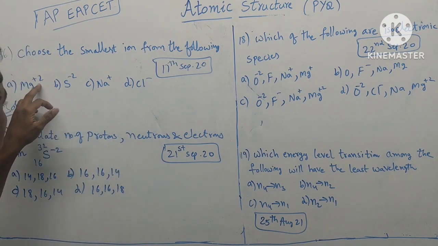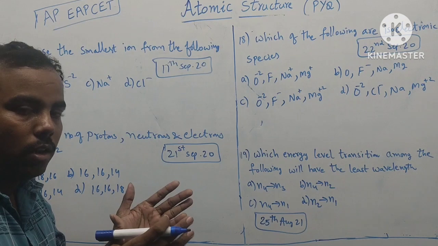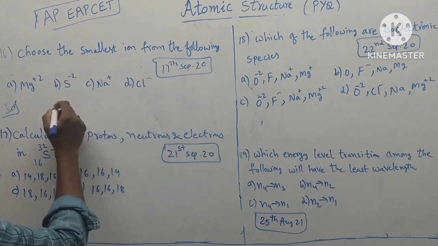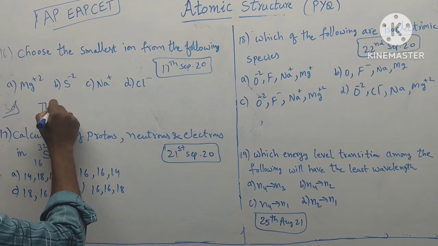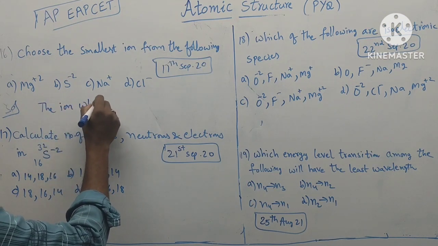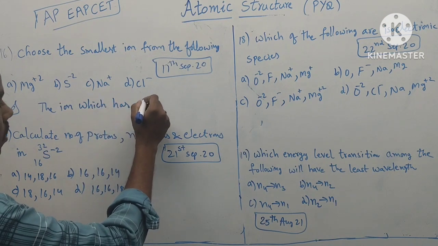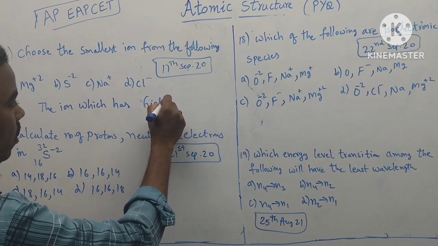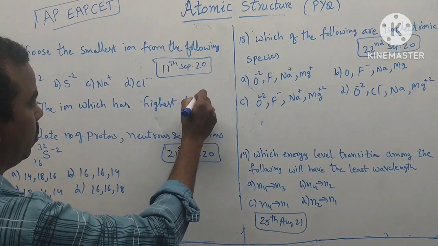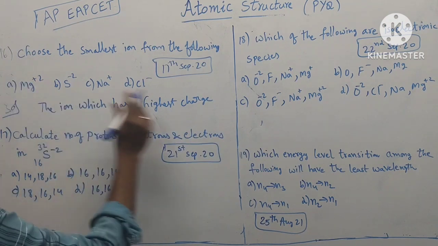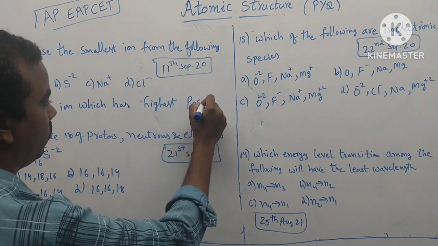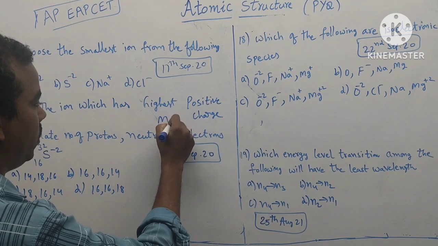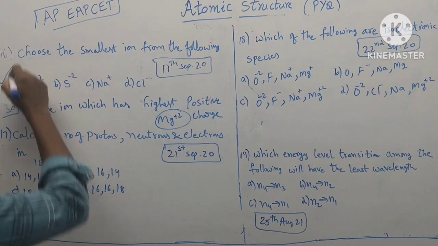Highest positive charge means smallest size and small ionic radius. So the smallest ion has the highest charge, Mg plus 2. So answer A.